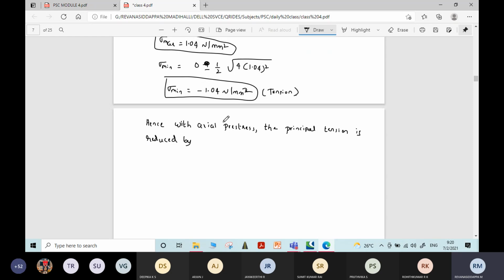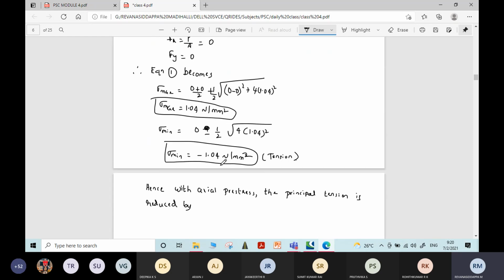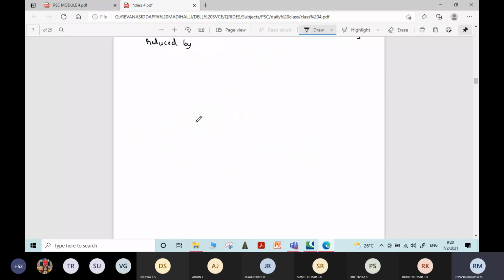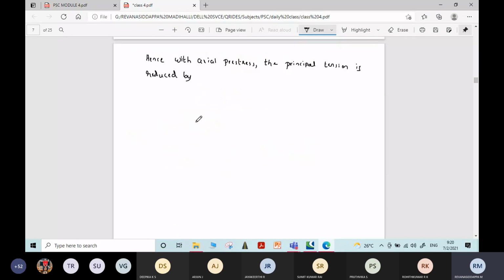So, what is the percentage of reduction? It is reduced from 1.04 to 0.2. That percentage reduction of principal tension you need to find. So it will be (1.04 minus 0.2) divided by 1.04 into 100.